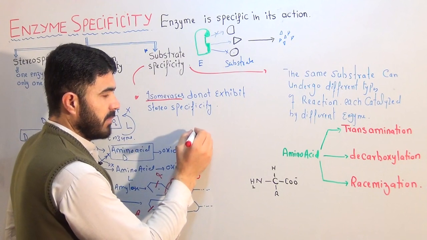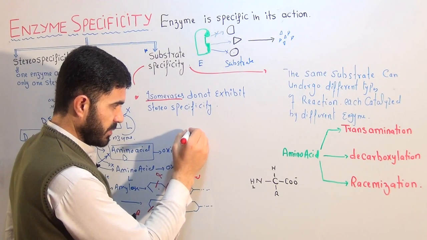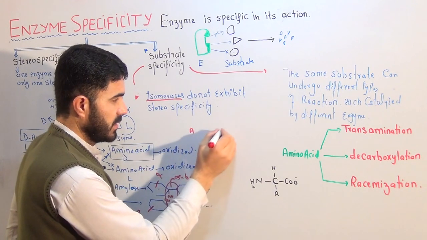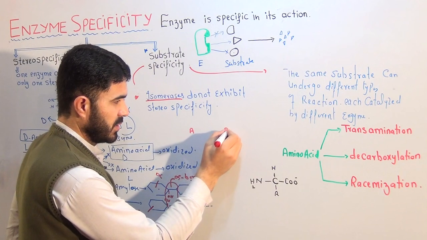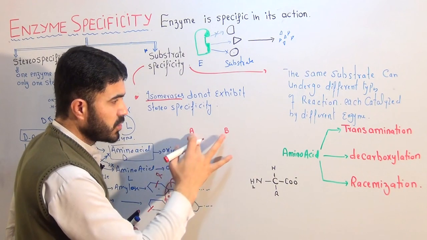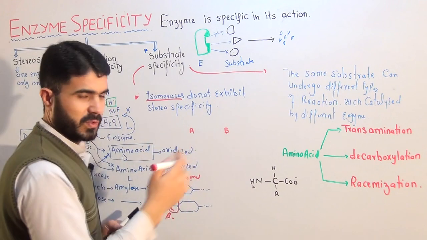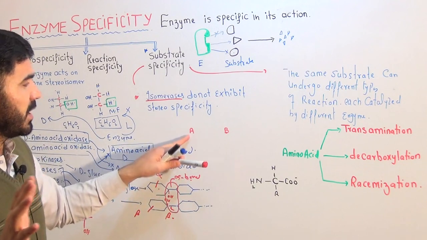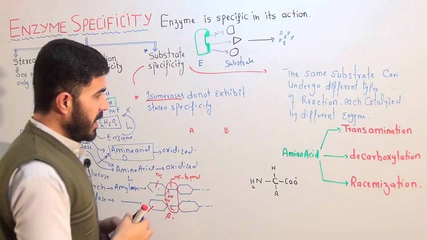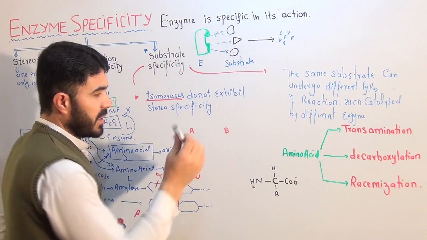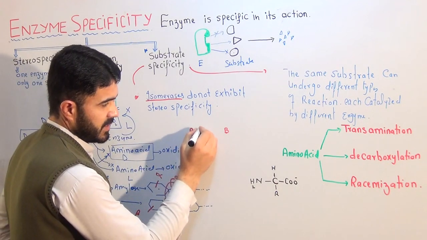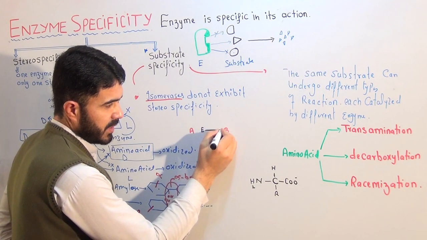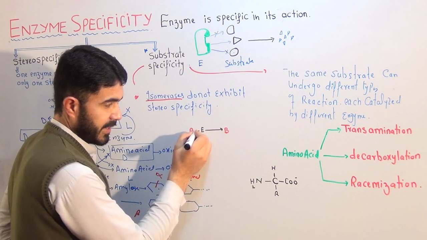Let's suppose A is just one substrate, and there is another compound B. These two are isomers of one another. Let's suppose they have the same molecular formula, but I'm going to write one enzyme here, enzyme E. This enzyme is acting on that isomer as well as on that isomer.